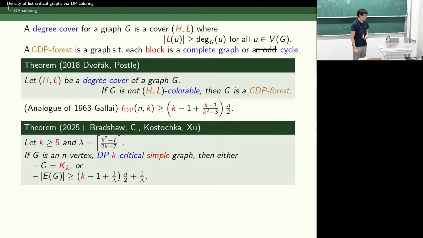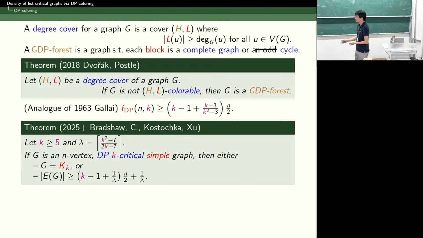So we improve this. Bradshaw, myself, Sasha and Jingwei proved that if you give me at least 5 colors, when k is at least 5, and some lambda, which is asymptotically k over 2, an n-vertex k-critical graph in the DP setting that is simple is either this complete graph, which is the obvious obstruction, or has this many edges, where this is k minus 1 plus 1 over lambda.